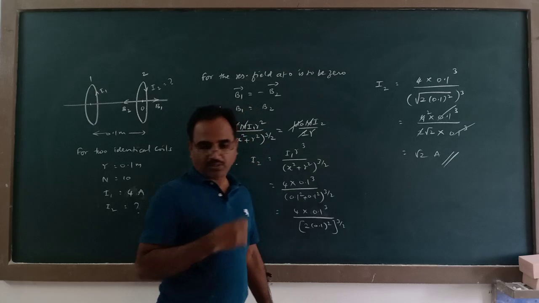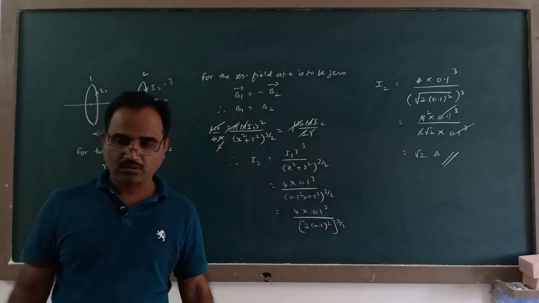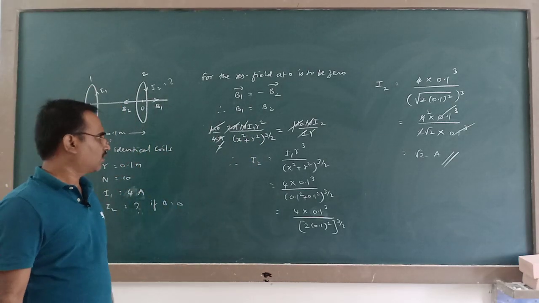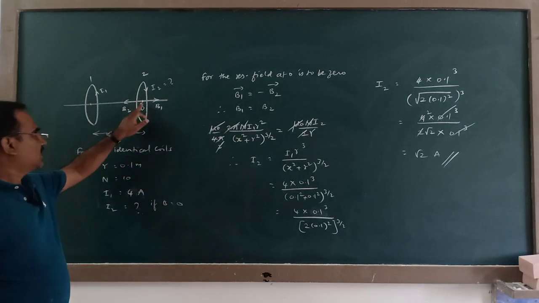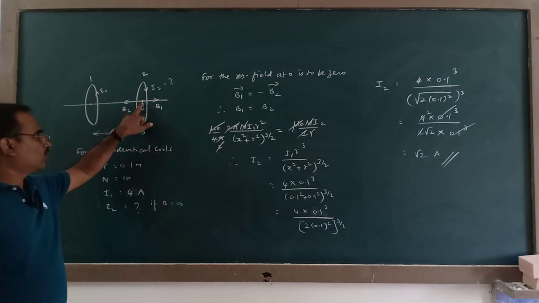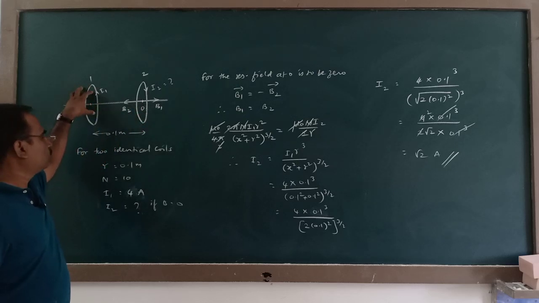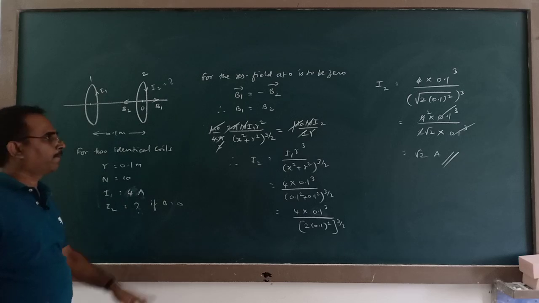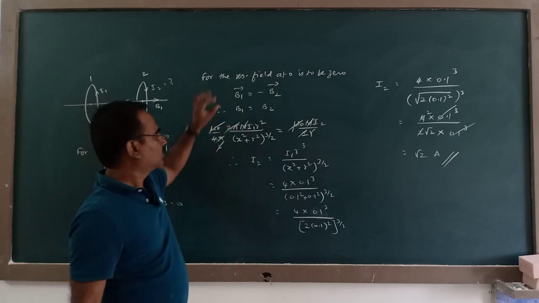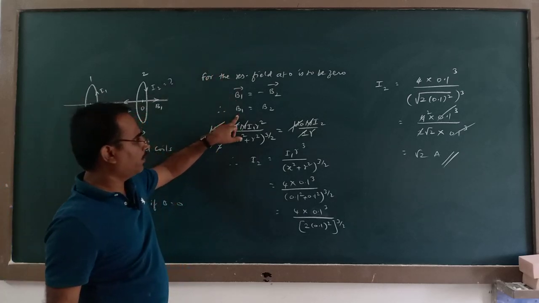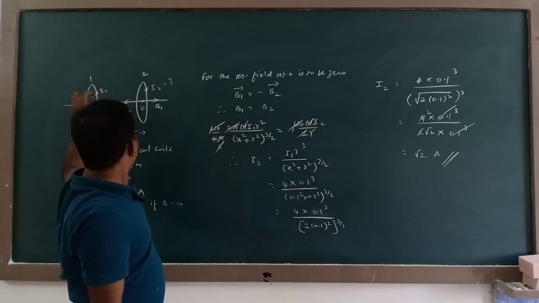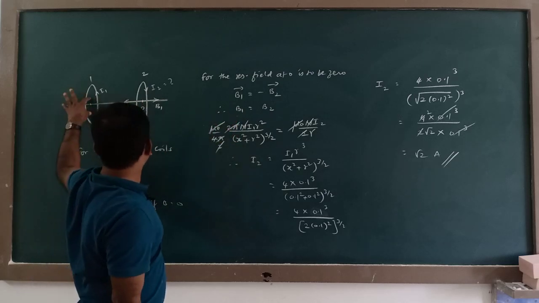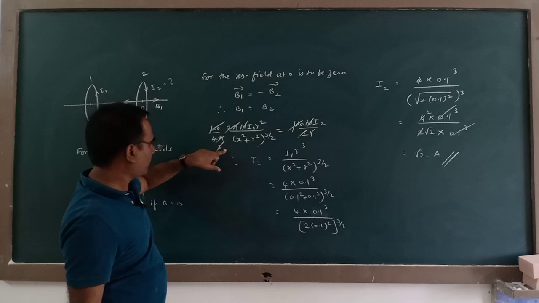I think this problem was given in the CET examination once. So it is just simplification. If the resultant magnetic field is to be 0, the field at this point due to the first coil should become equal and opposite to the field at the same point due to the second coil. So this is magnitude and direction, this is only magnitude. Field at this point due to the first coil is given by this formula.